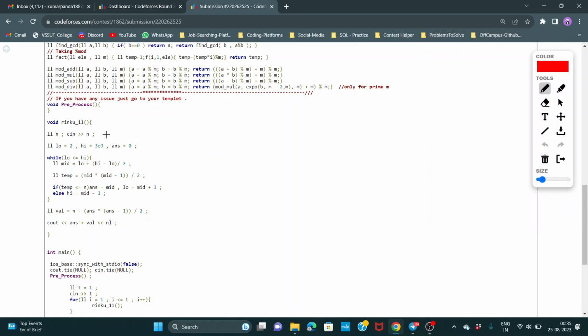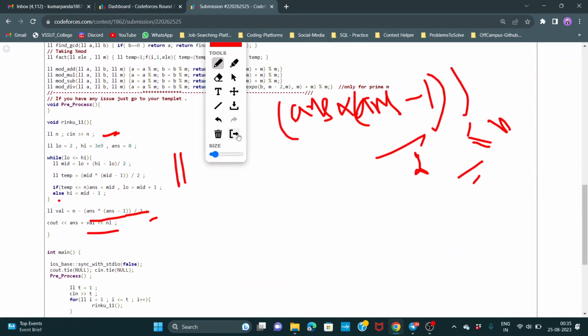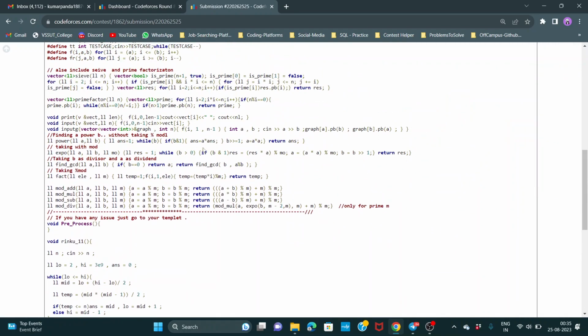Here I took the input n, and here I did the binary search to calculate that answer value, because answer into answer minus 1 by 2 should be less than or equal to n. After finding that, I just find this n into this value, and this is the answer. So this is the whole solution for the fourth problem.